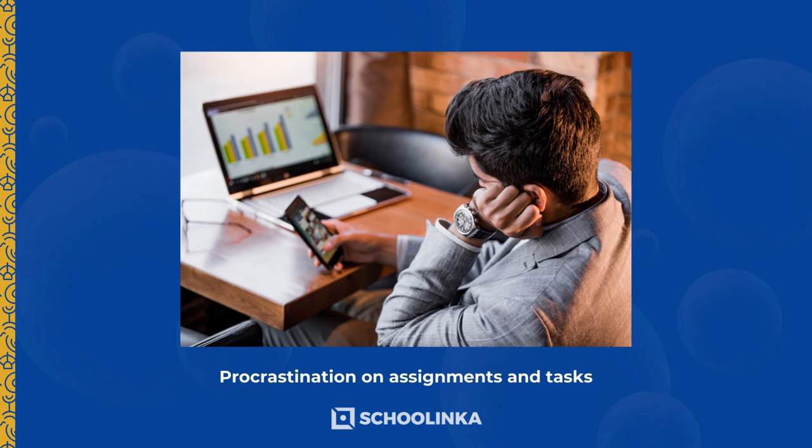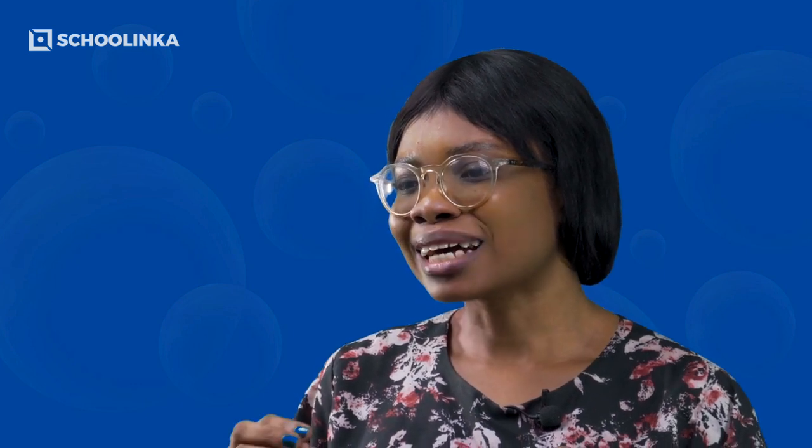Let's take for an example. You observe that a learner procrastinates on assignments or tasks until the last minute, leading to rushed and subpar work. Through self-reflection, you can guide the learner to identify triggers of procrastination. These triggers could be social media distractions, could be fear of failure.